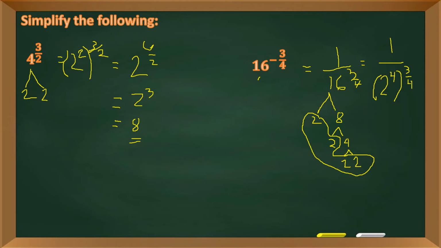And we can actually cancel 4 over 4 in the denominator, and we can come up with a simplified answer, which is 1 over 2 raised to 3. But 2 raised to 3 is 2 times 2 times 2, which is again 8. So 16 raised to negative 3/4 is 1/8.